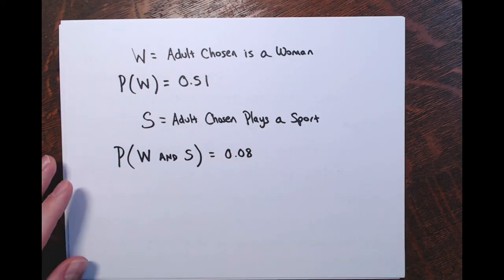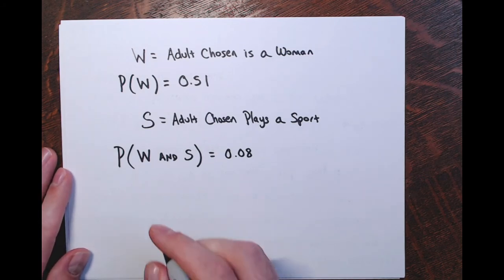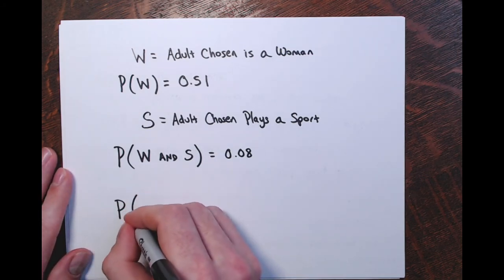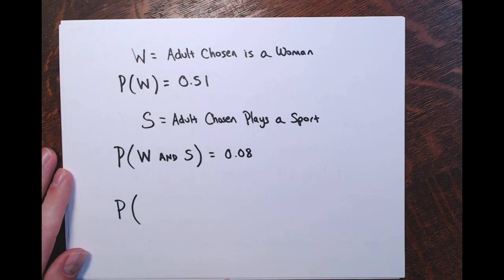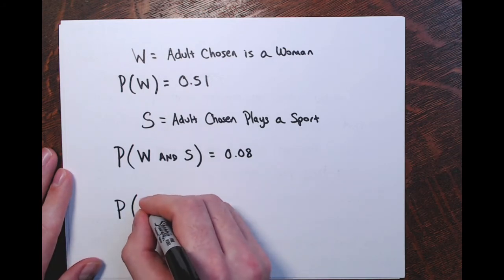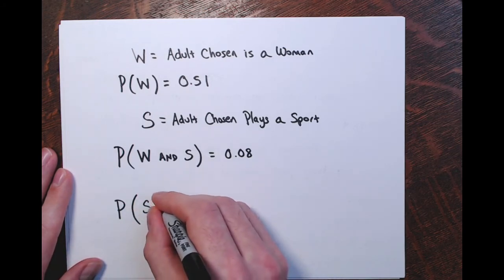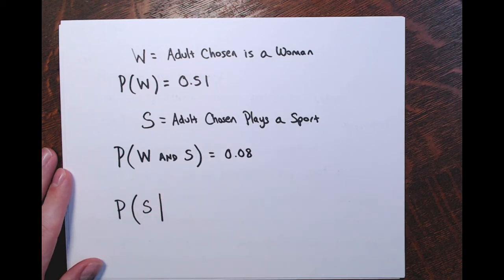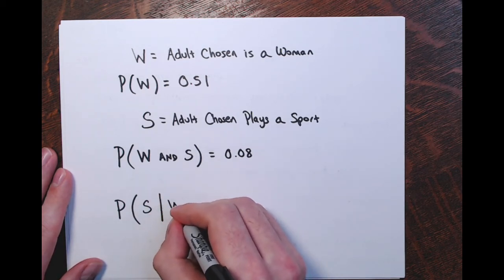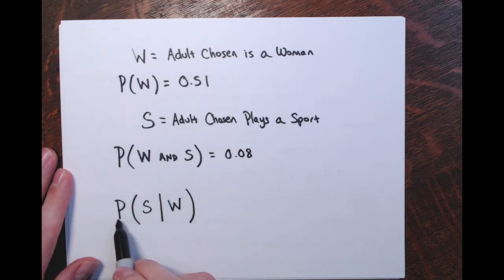And they're asking us to calculate the probability of an adult playing a sport given that the adult is a woman. So that's the probability of S given W.